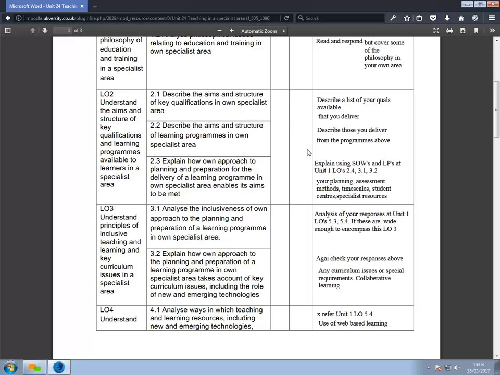You need to look at what you've written in those two areas, 5.3 and 5.4 on Unit 1, and see if it fulfills what it's asking you for on here. 3.2, again, is covered by 5.3, 5.4 on Unit 1, but again, check your responses on the above. Any issues or special requirements, collaborative learning, etc. Things like that that you need to add in your narrative with regard to that.